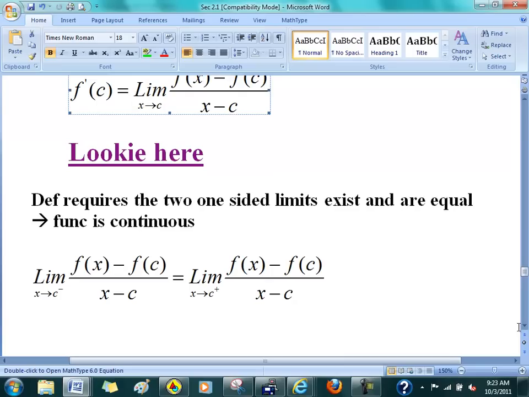I know right now this is all sounding abstract, but we're going to see some diagrams and I'll explain that. What I'm trying to do is explain the concept of differentiability. In other words, can the function be differentiated? Can you find a derivative of a function at every point? That's the concept I'm trying to get across today.